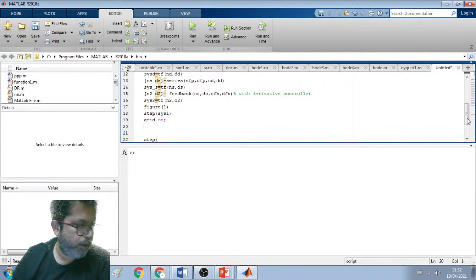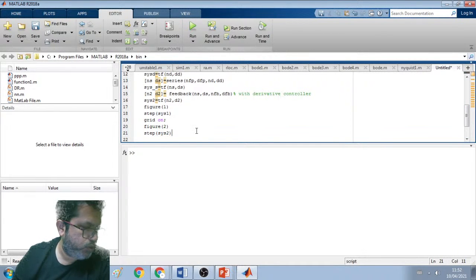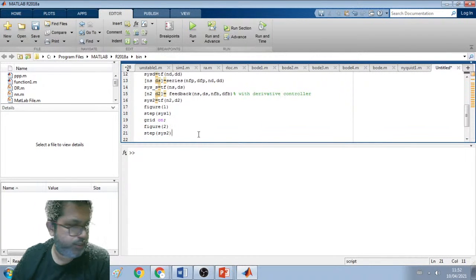Okay, grid on. Figure 2, I will say step with derivative control is sys2, step sys2. Okay, so let us see. Okay, again I will say grid.